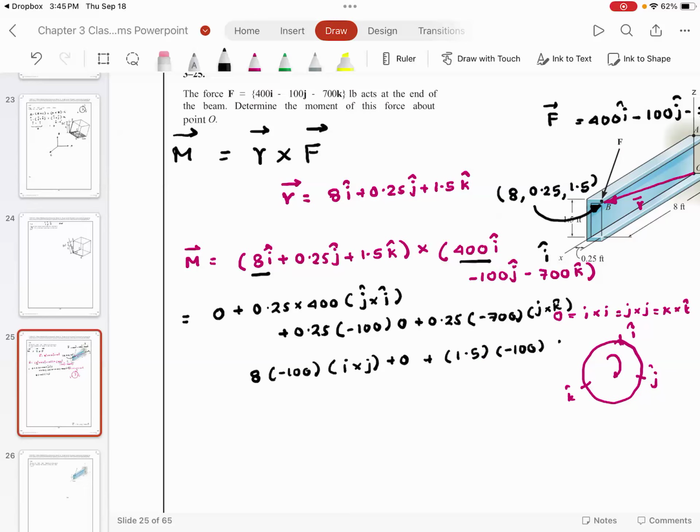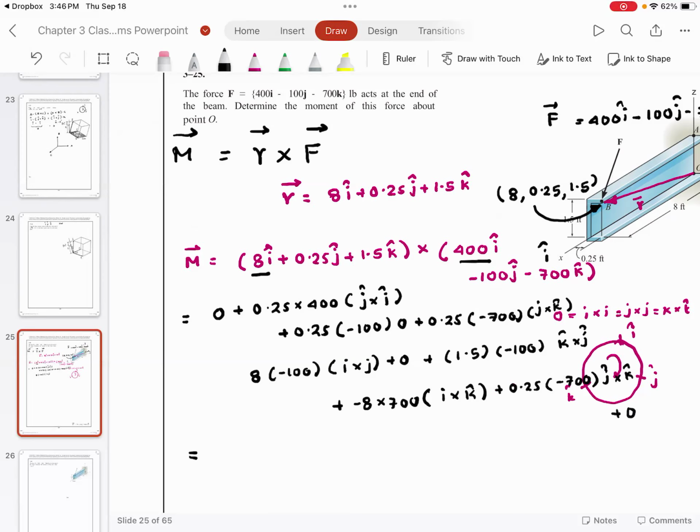And last but not least, 8 times 700 with a minus sign, i cross k, then 0.25, j cross k, and k cross k is 0.